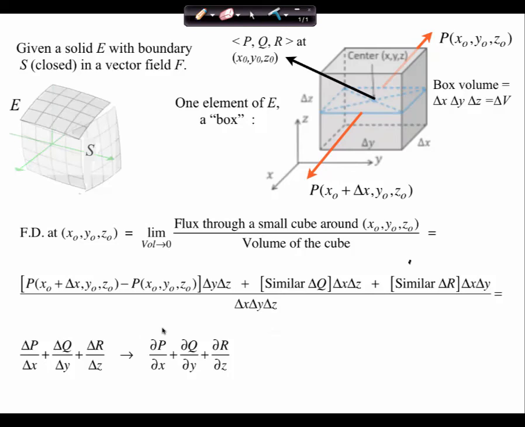Yes, ma'am. Why is the vector PQR placed in the middle of the box instead of... It's kind of arbitrary, right? It's just saying that at this location, if you're thinking about everything is small, it doesn't really matter, right?